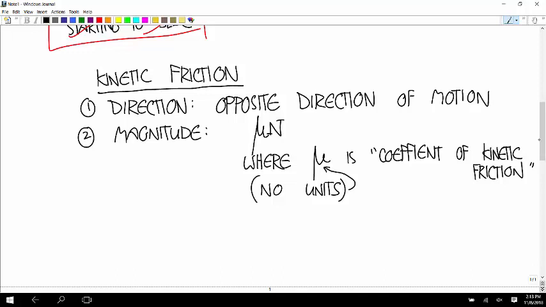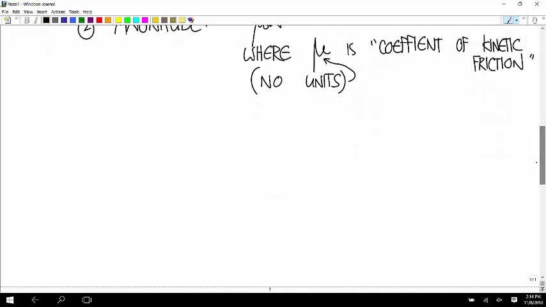All right, so let's start with some simple examples, and we'll work our way up. So first, I'll start out with a horizontal surface.